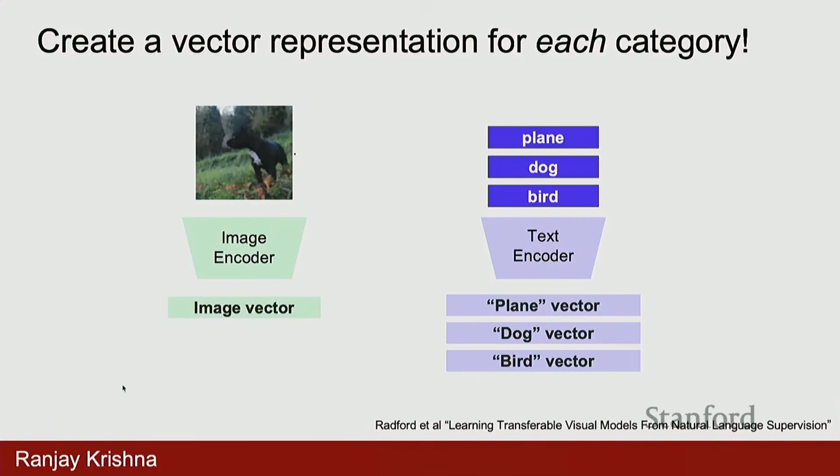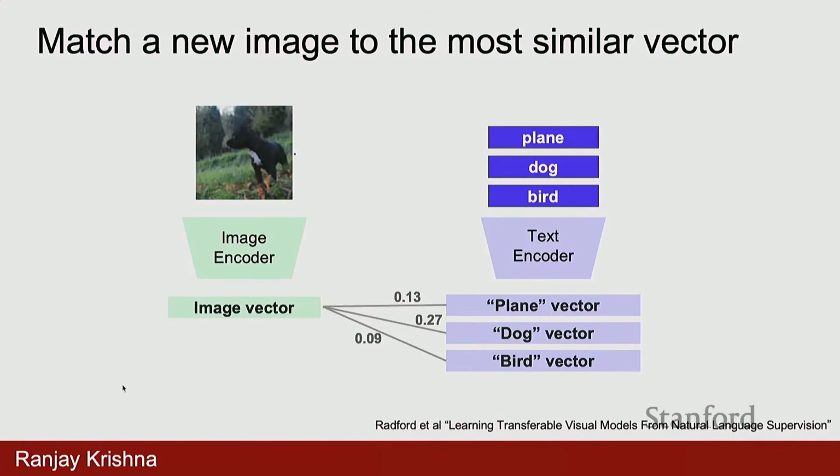And now when a new image comes in, all you have to do is embed that image using the image encoder and then find the closest neighbor. So in this case, you should find that this image has the highest similarity with the correct class. In this case, it should be the dog vector. And you can see the dog vector does have the highest similarity score. And so because of that, you can now classify that image as a dog.